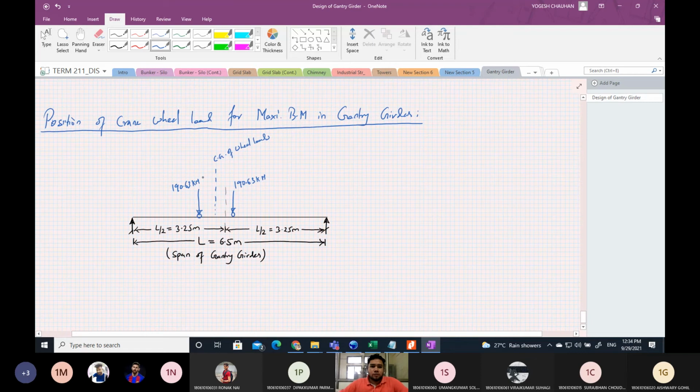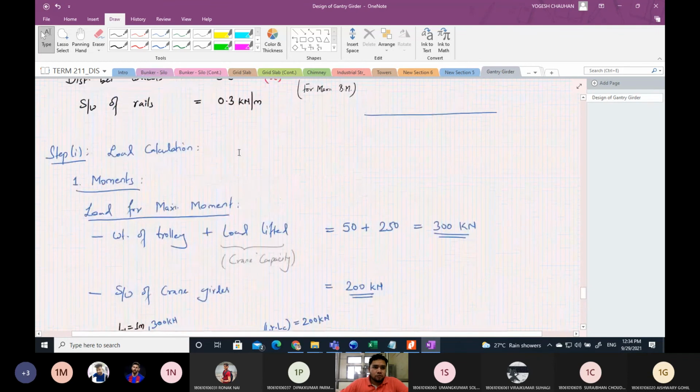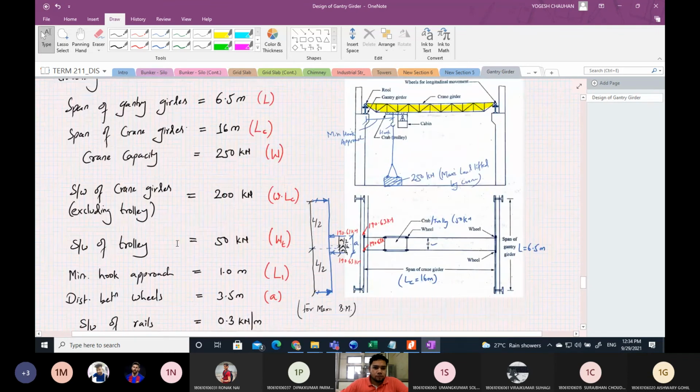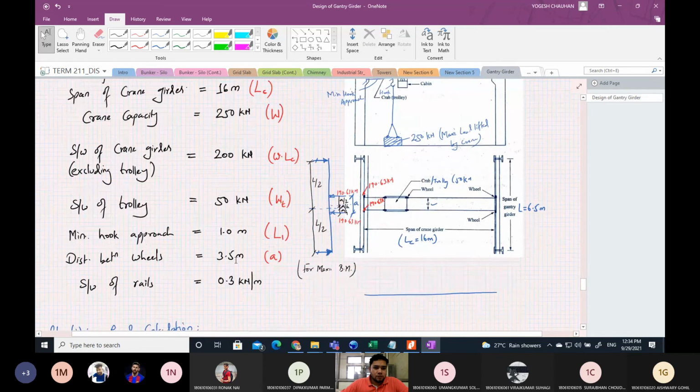Okay, so now the distance between the wheel loads is given as 3.5 meter. So this distance is 3.5 meter.